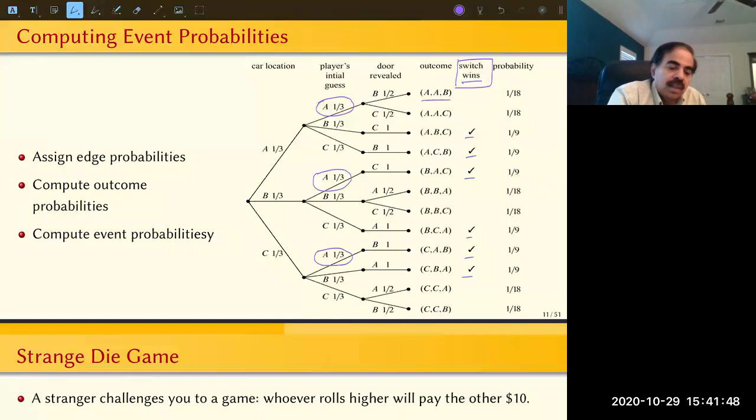So this one, right, because gate B is being opened.